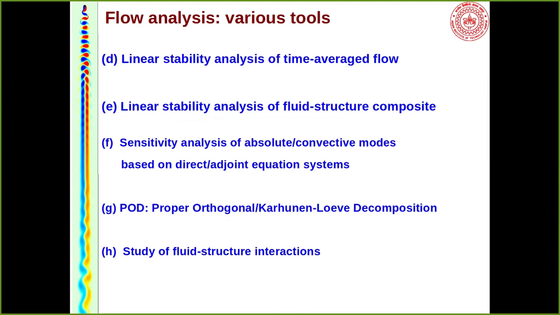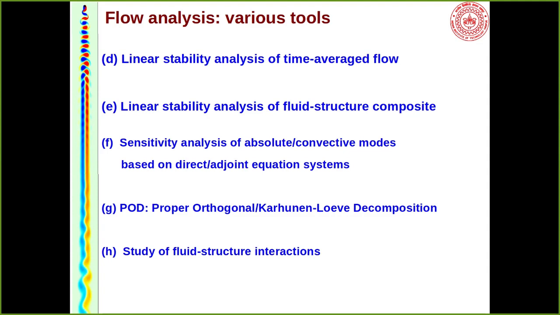You can also do stability analysis of a time average flow. So suppose I have done a DNS and I already have a limit cycle. Now I average it, and maybe if I do a stability analysis of that flow, it will reveal something. So I can try my hand in. I could do a linear stability analysis of the fluid structure problem.